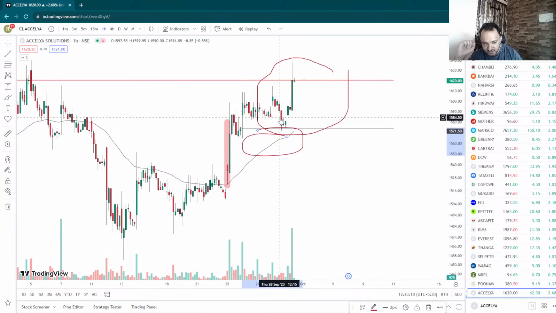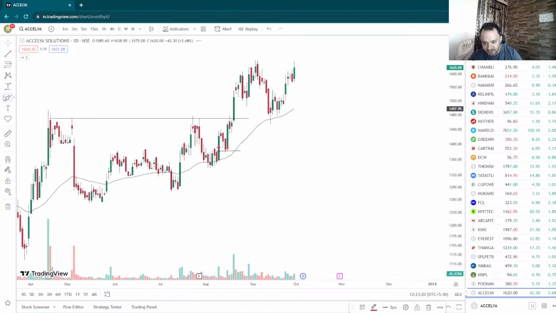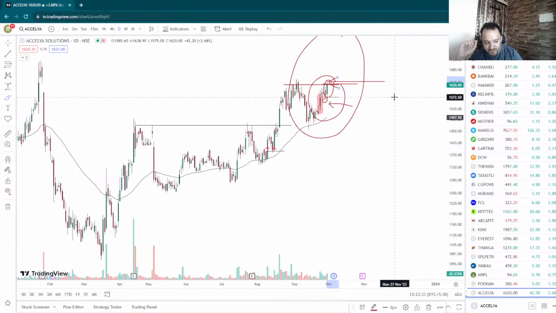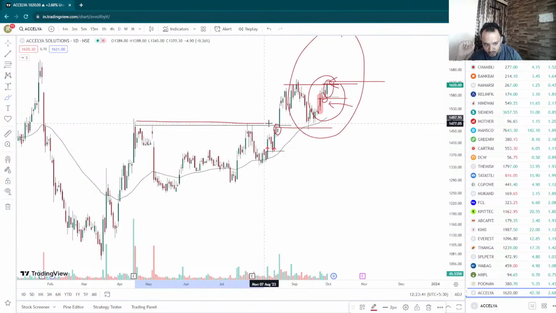You will be forced to keep a stop here, which doesn't really mean anything. It's just an hourly demand zone, and this will increase the churn in your portfolio, because you are entering in the middle of a move. This is a move, you are entering here. If it's supposed to move this much, you are entering here. So the only way to make some sort of significant risk to reward is to keep a bad stop, and not to keep a stop where there is a big base right here.